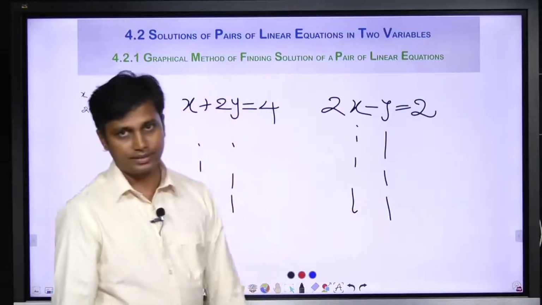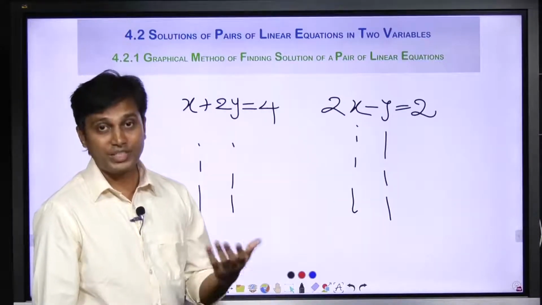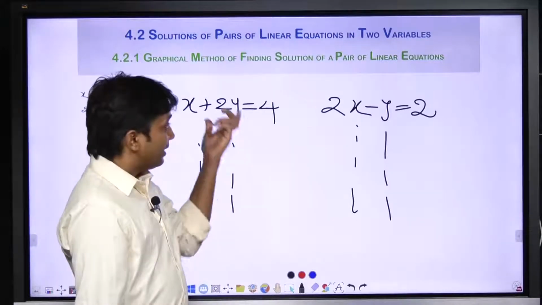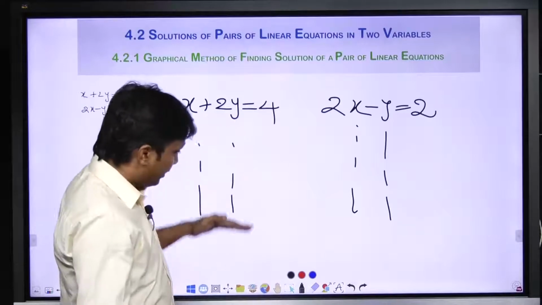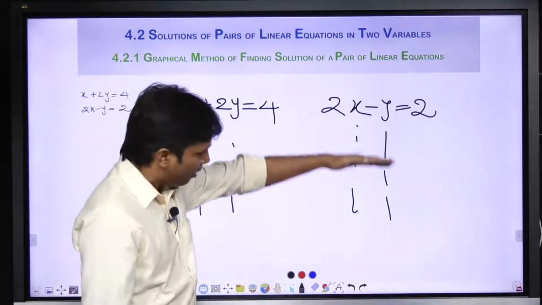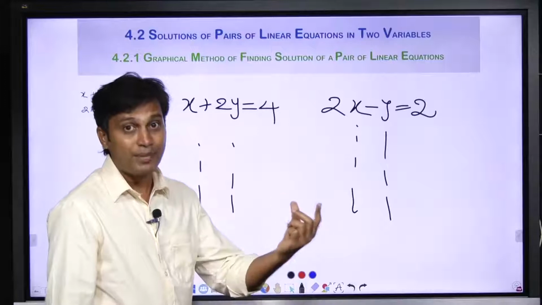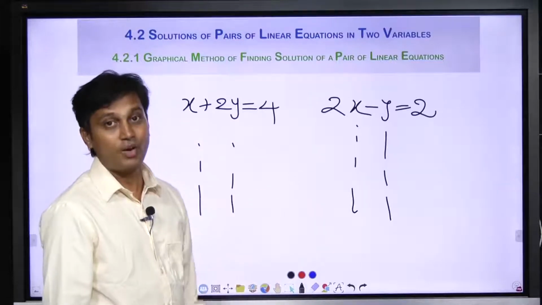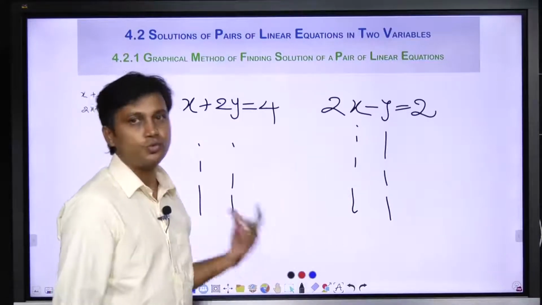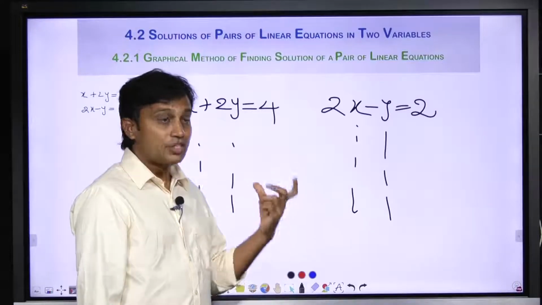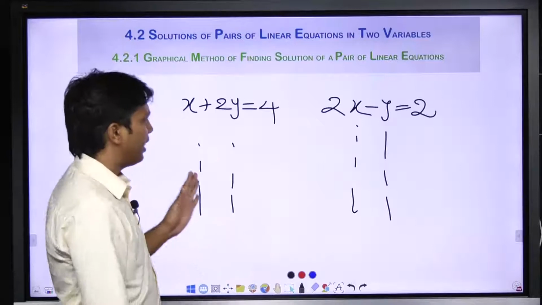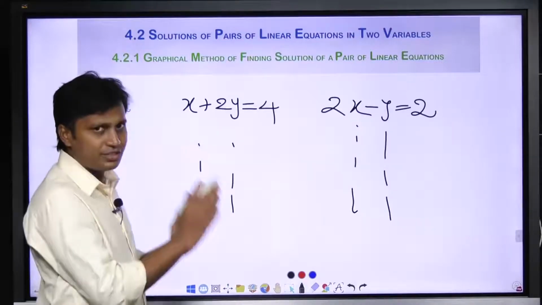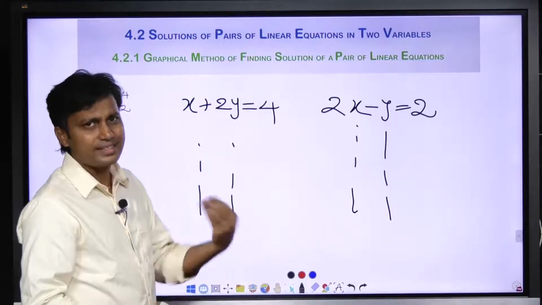Now tell me, what is meant by the solution of this pair of equations? That means among all these infinite solutions, one pair will be common. One pair is common for these two. That is called the common solution or common ordered pair. Okay, I am not writing the exact solution for this because this is an example only.